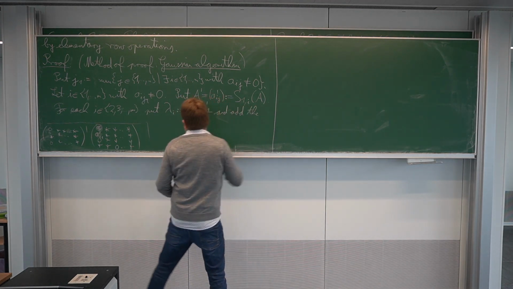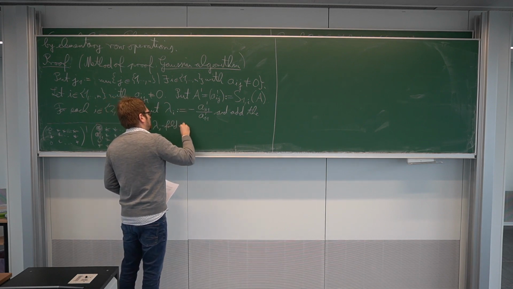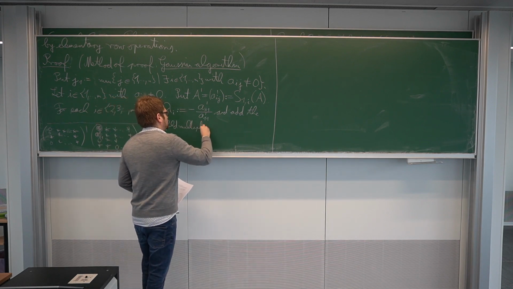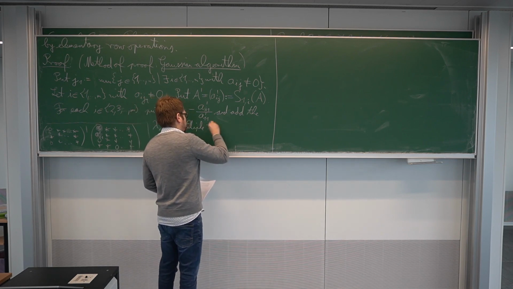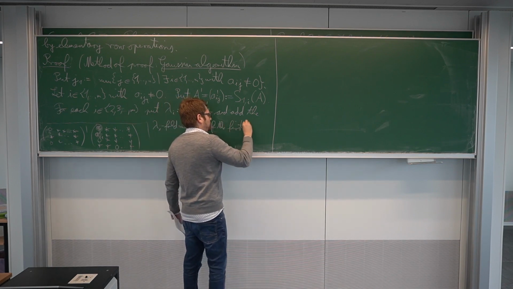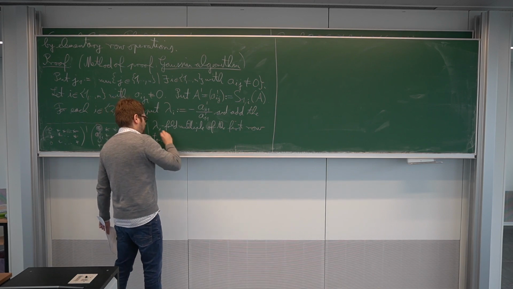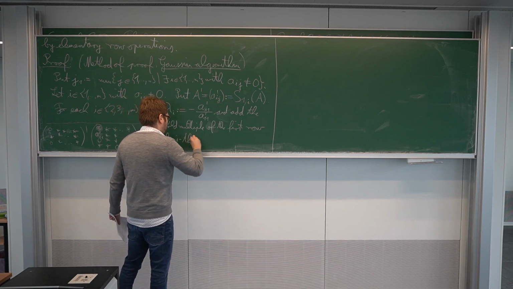So we add the lambda_i-fold multiple of the first row to the ith row.